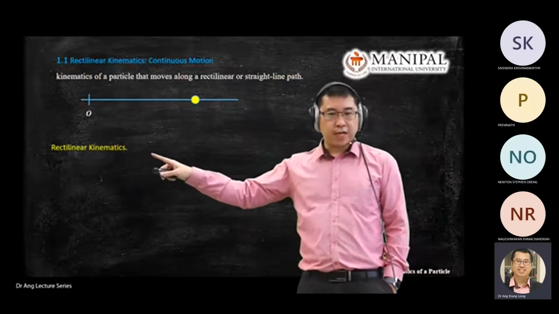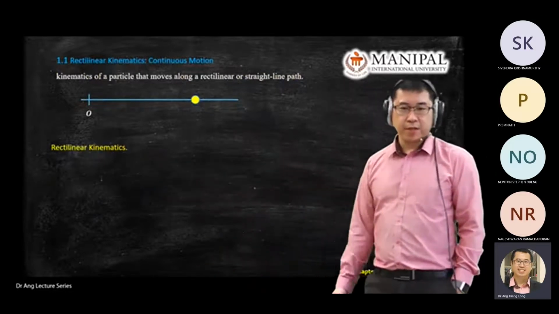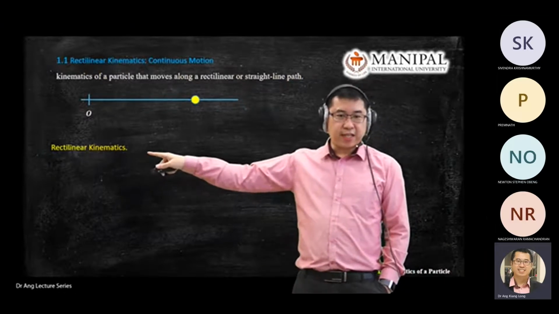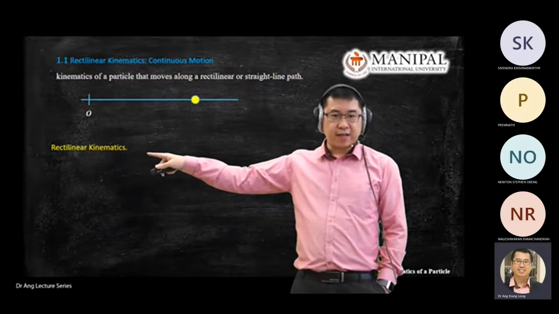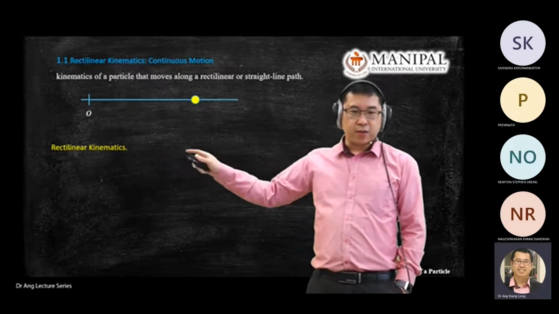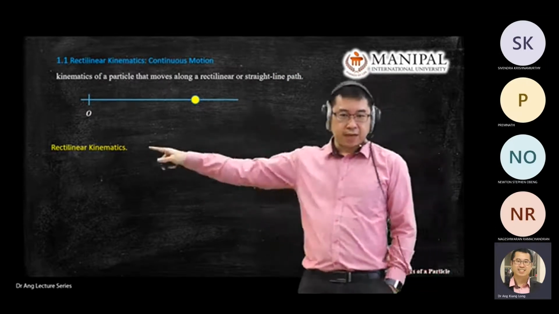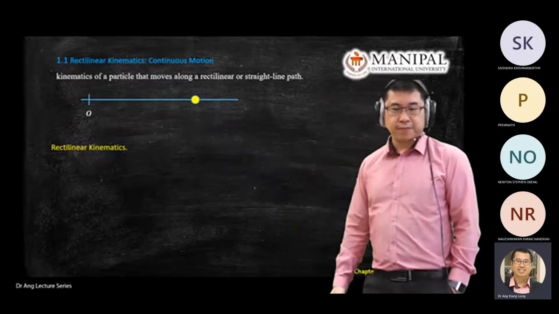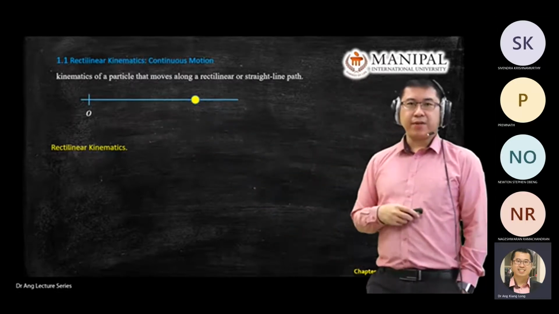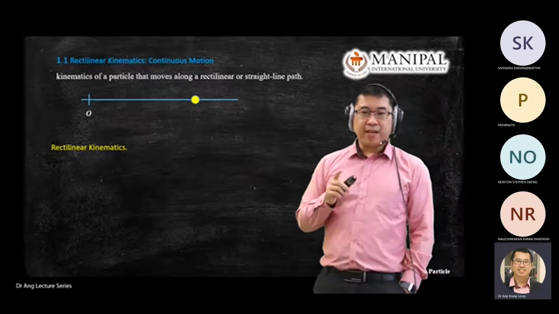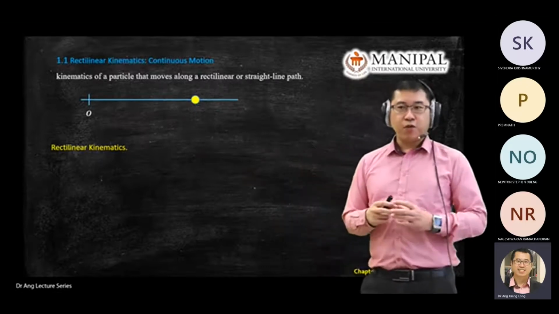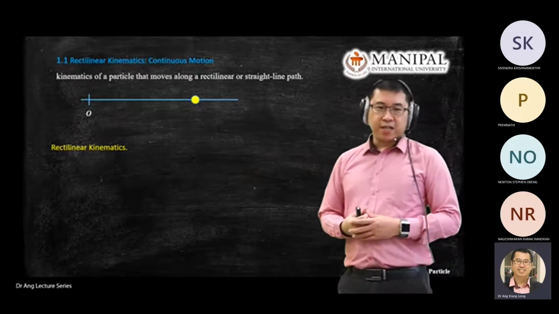So we start solving kinematics problems, and this one falls under rectilinear motion. It's linear, the wording linear inside there. Linear means straight line. Or if you learn about mathematics, you learn about linear equation, right? What is the general form of a linear equation?